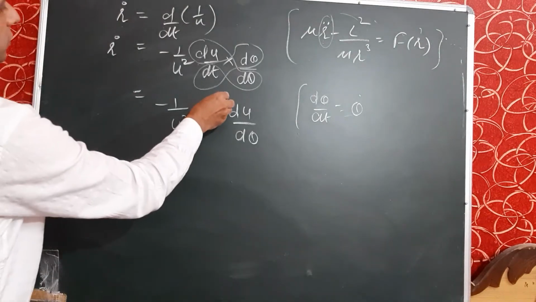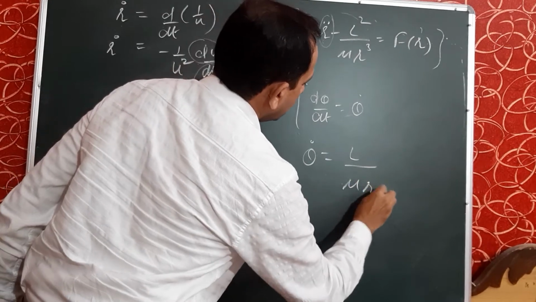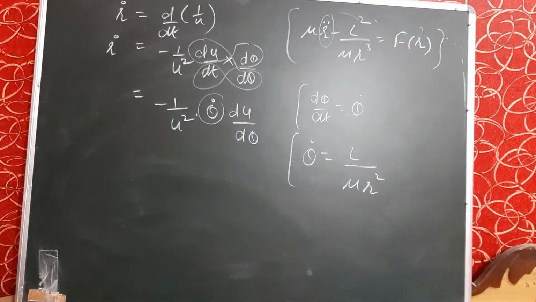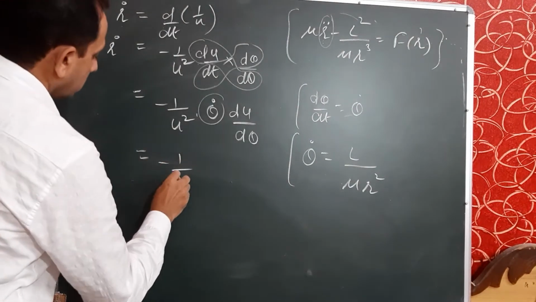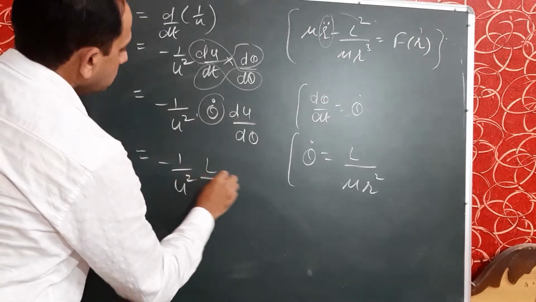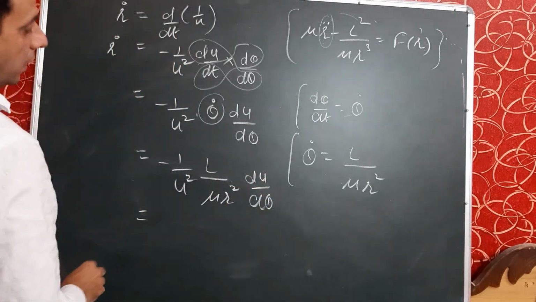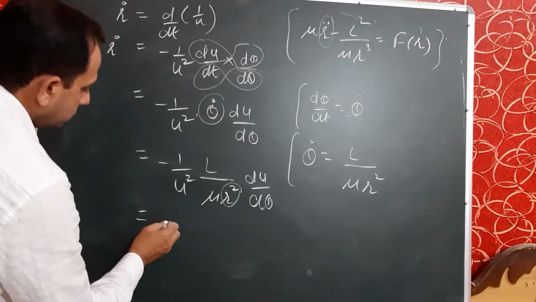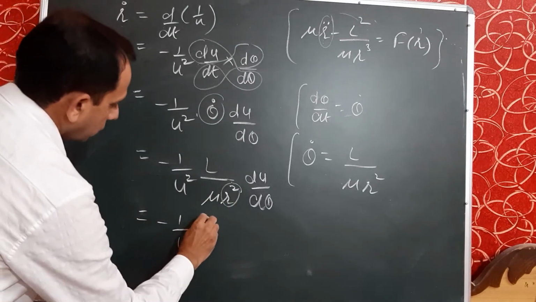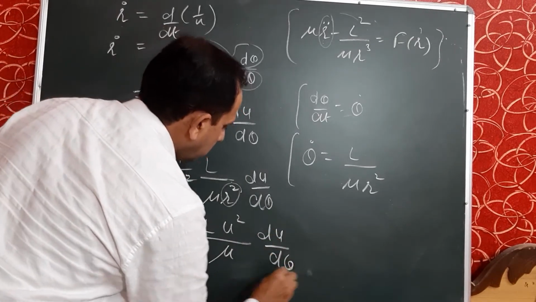Now, put the value of theta dot. What is theta dot? It is L upon mu r square. We have already studied this value. Theta dot is L upon mu r square, that is minus 1 by u square into L upon mu r square into du by d theta, and I am writing 1 by r square as u square, because L into u square upon mu into du upon d theta.